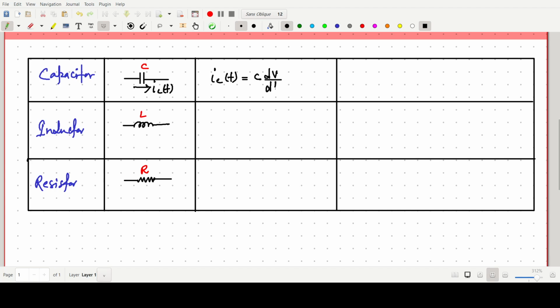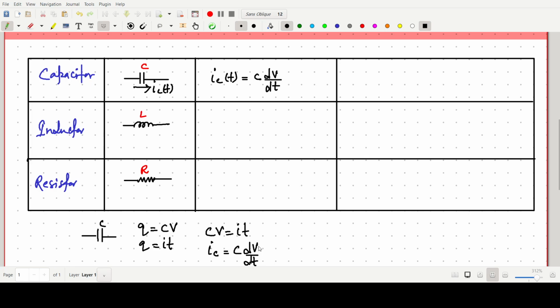We know two expressions, Q equals CV and Q equals it, so CV equals it. So the capacitor current can be written as C dV by dt.